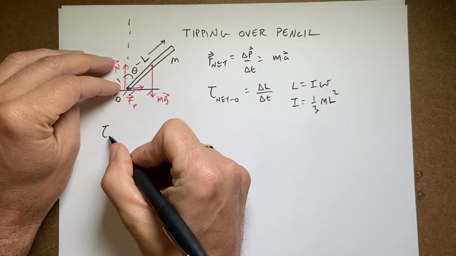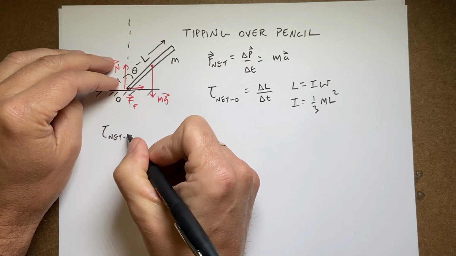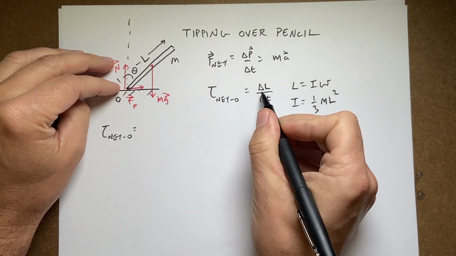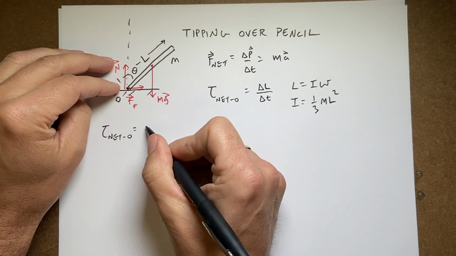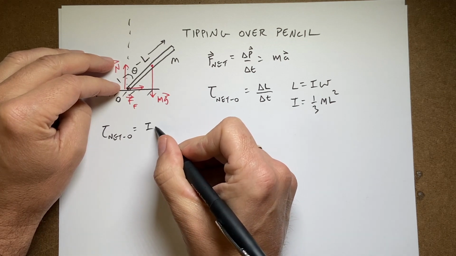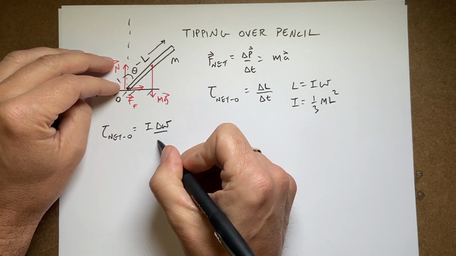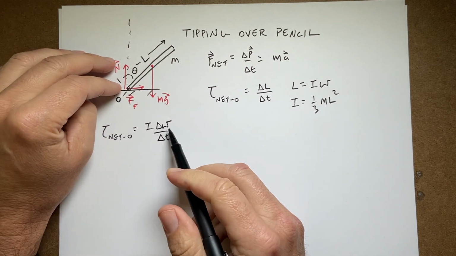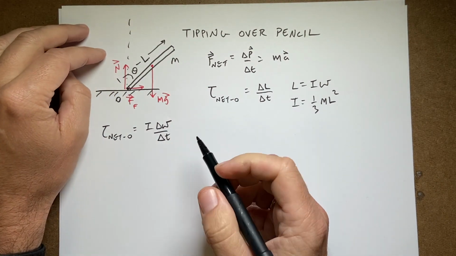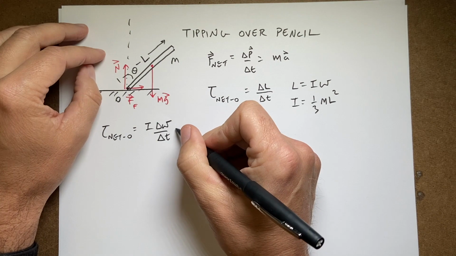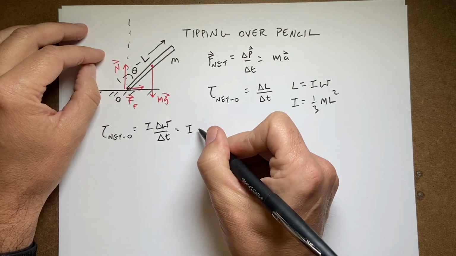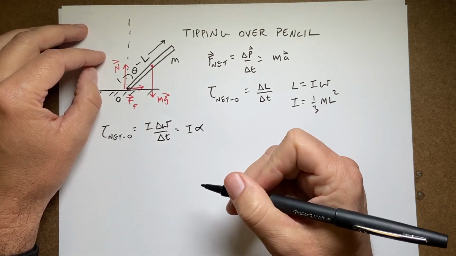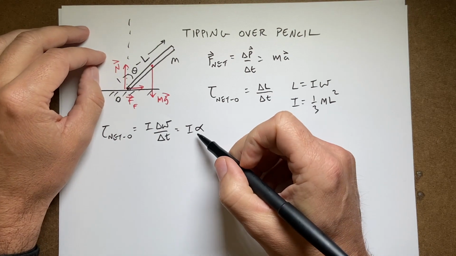I could say torque net O equals, let's see, I'll write it out, I delta omega over delta t, since I omega is the angular momentum for a rigid object, and this is the angular acceleration. So it's going to be I alpha, where alpha is the angular acceleration.